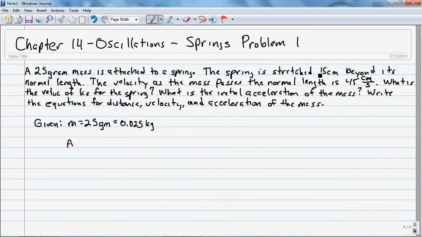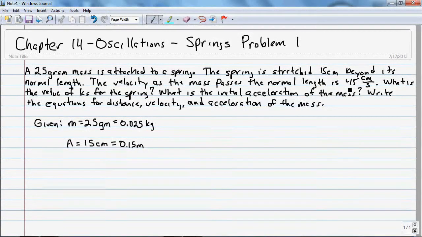It says it's stretched 15 centimeters beyond the length. So we have the amplitude is 15 centimeters, and that's 0.15 meters. And it tells us that the velocity as it passes through the normal length is 45 centimeters per second.